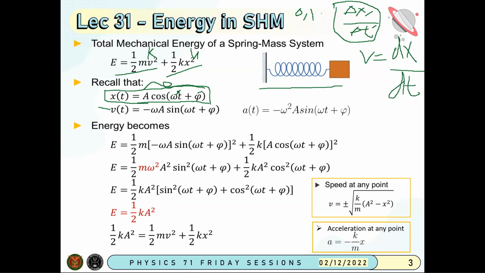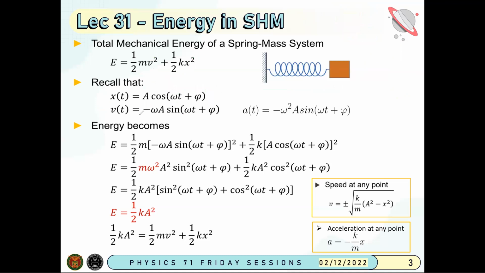So with the continuous change, nagamit na tayo ng derivatives. Derivative ng cosine is negative sine, so kaya may negative sign dito. And then chain rule, derivative ng nasa loob with respect sa time, which will just be omega. So negative omega A sine of omega t plus phi, yun yung velocity.